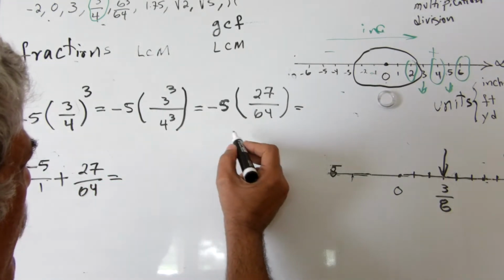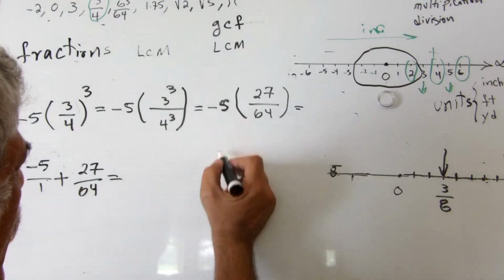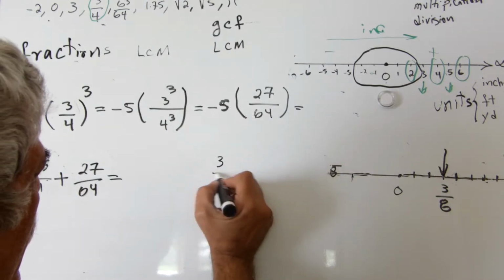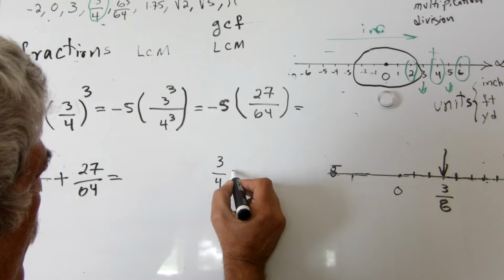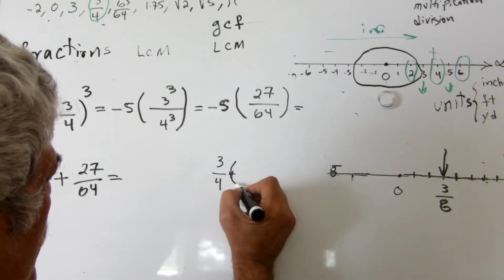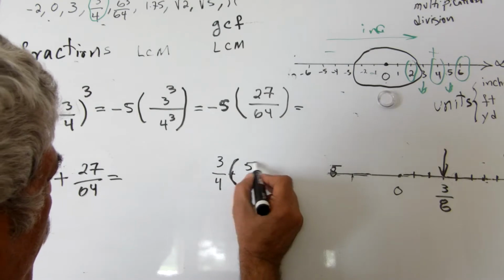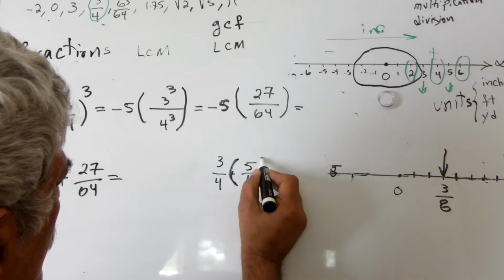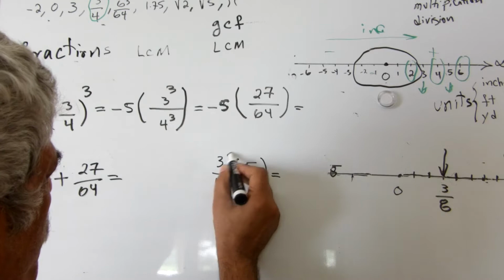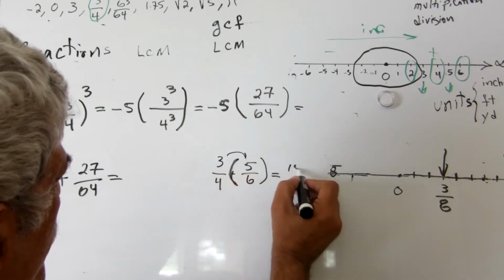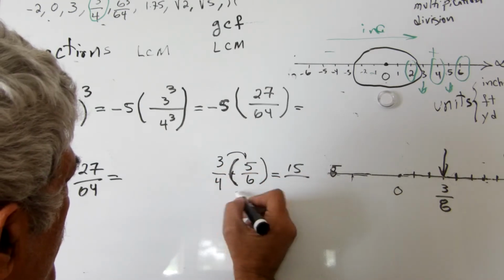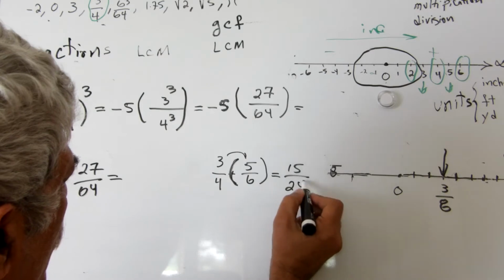In multiplication of fractions, we have two fractions, or use parentheses, 5 over 6. You know that we multiply the numerators together, which is 15, and the denominators, 4 times 6 is 24.